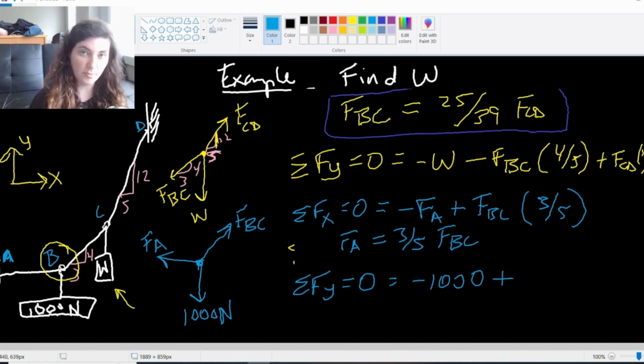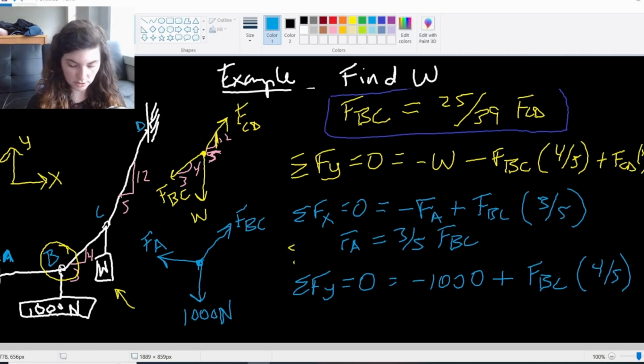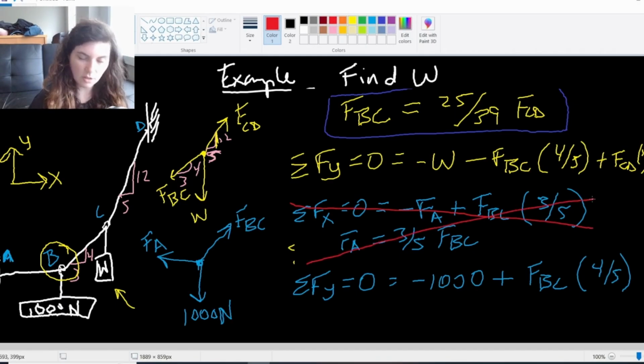Plus, for FBC, I have the y component of FBC is FBC times 4/5, and it is positive since it's in the positive y direction. So actually, I did not need this equation at all. We didn't need to solve for this because as we can see, we can now solve this equation right here to find out what FBC is, right?